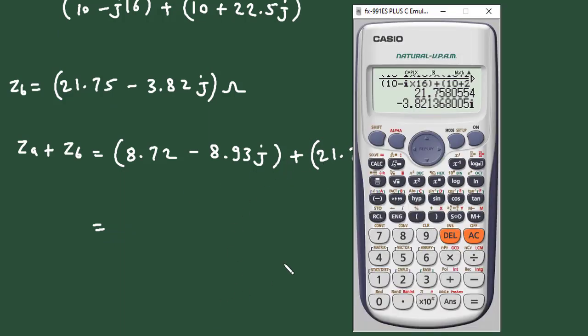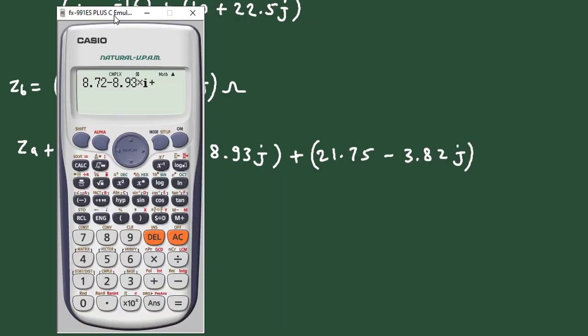Now if we solve this, it will be 8.72 minus 8.93 into j, then plus 21.75 minus 3.82 into j.